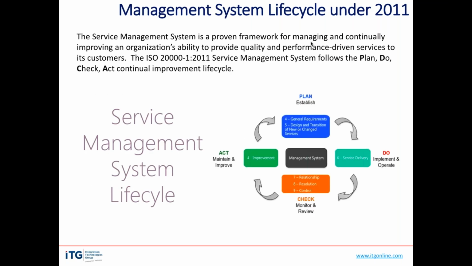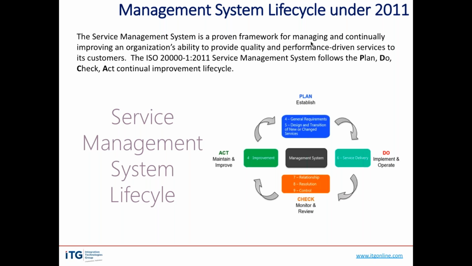Okay, so I'm providing this as a backdrop so you can look at this against then and now, right? So this is specific to the old standard, 2011, okay? And the principles of the standard were wrapped around the plan, do, check, act approach, okay? And those of you who already have a certification for 20,000 or 9001 or any of the other standards will understand the plan, do, check, act, the Deming model will be very familiar to you.